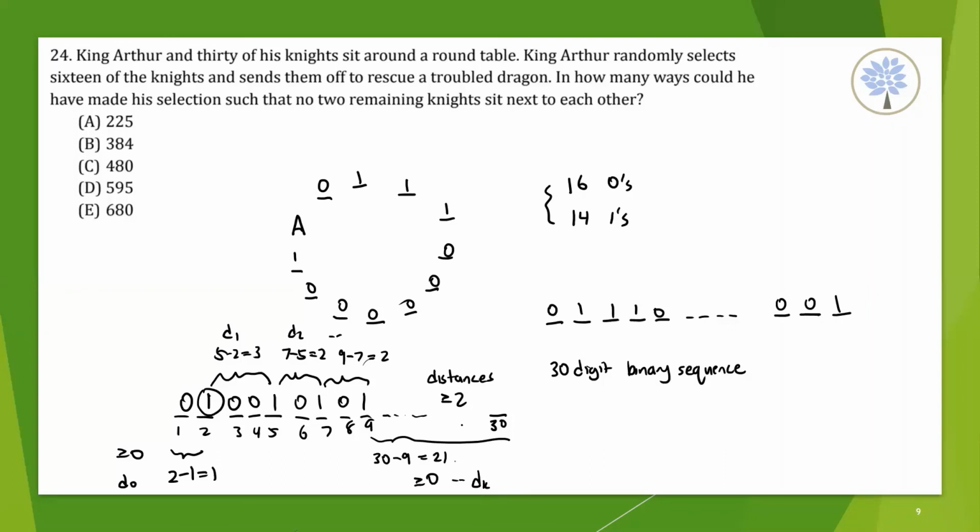Since there are 14 ones in this sequence, there are 13 distances between neighboring ones, or 13 gaps between neighboring ones. So these distances can be written as d1 through d13. While the distance between the first slot and the first one can be written as d0, and the distance between the last slot and the last one can be denoted as d14. So in fact, we're going to call this d14.